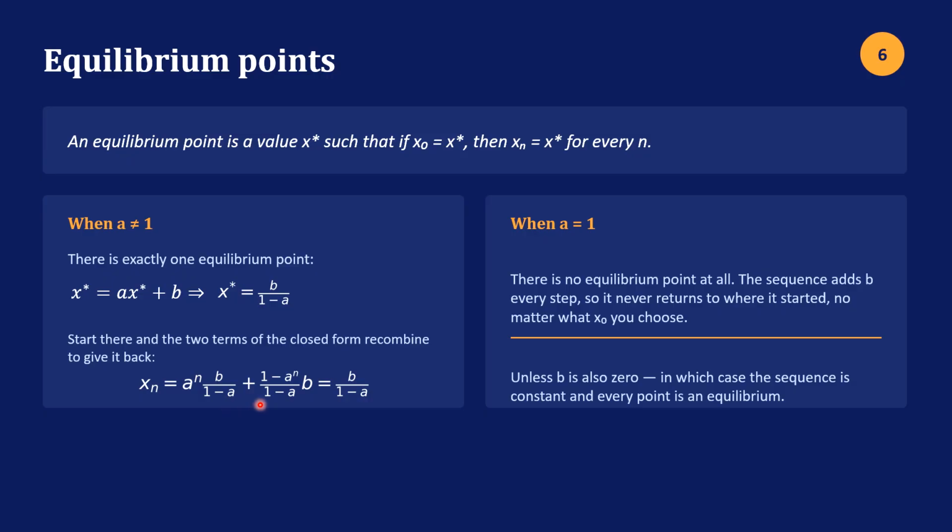And you get a common denominator. You notice the a to the n and the a to the n, these cancel, and you just get b in the numerator, and you get b over 1 minus a. So that checks out. When a is equal to 1, then you can't have x star equal x star plus b unless b is equal to 0. So that's just a special case.